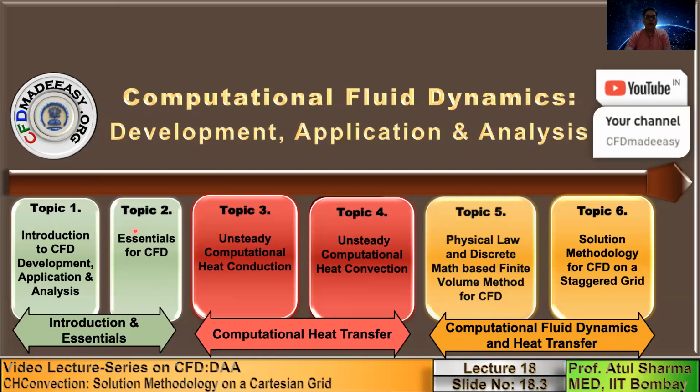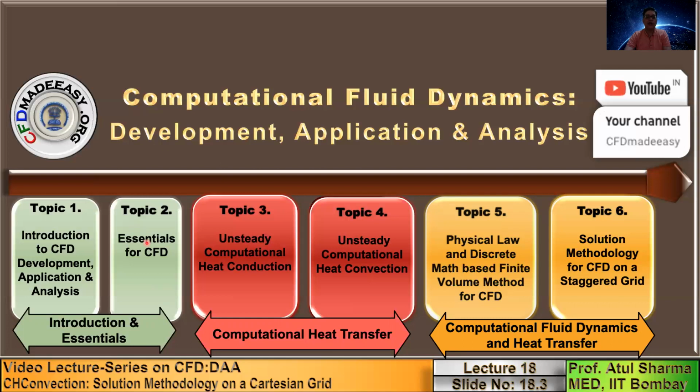In topic 2 on essentials of fluid dynamics and heat transfer for CFD, I had presented the transport mechanisms, where it was mentioned that there are two: the random motion of molecules based diffusion transport and the bulk motion of the molecule based advection transport.